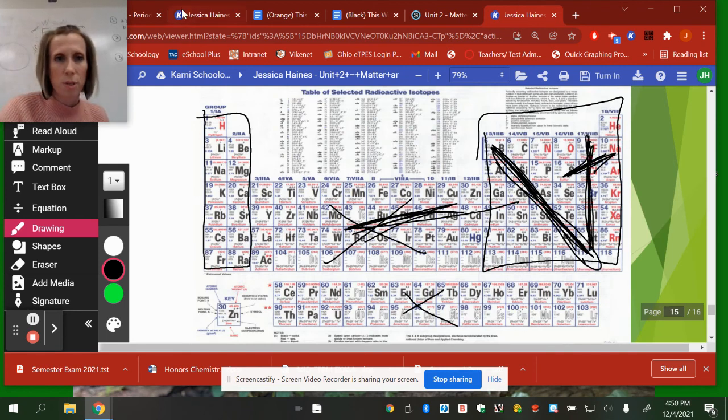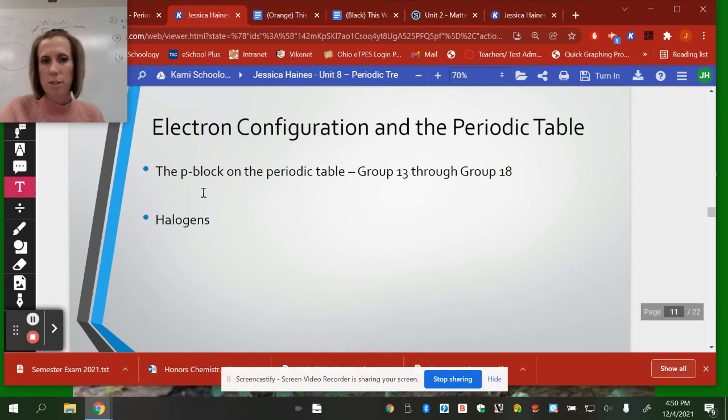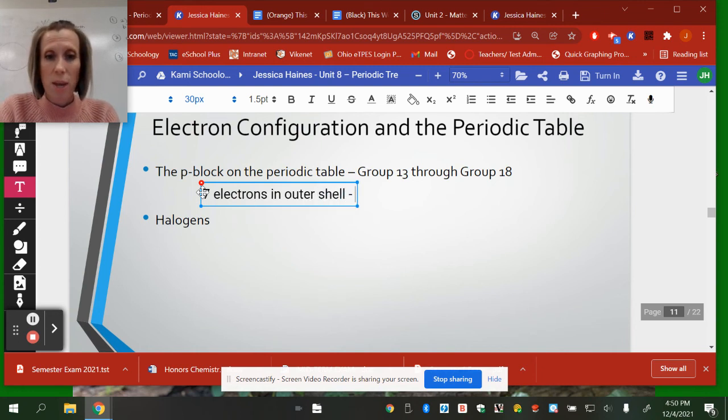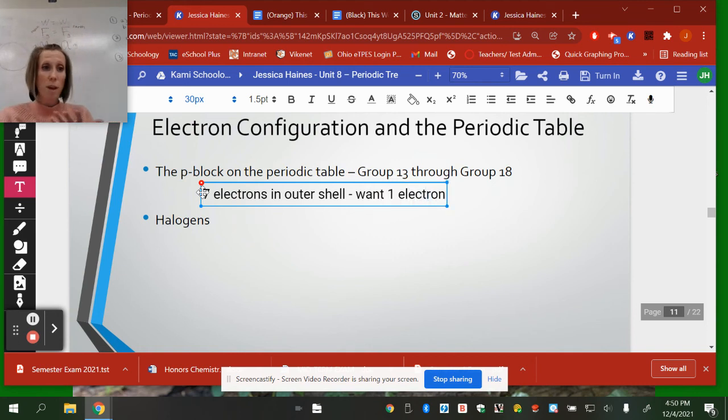It's where we put hydrogen in at the top of that group. Halogens have 7 electrons in their outer shell. Remember, everything wants 8 though, so they want 1 electron. They are searching for 1 electron. Well, who has 1 electron? The alkali metals. So P block halogens generally tend to combine or share or exchange or take from the alkali metals.